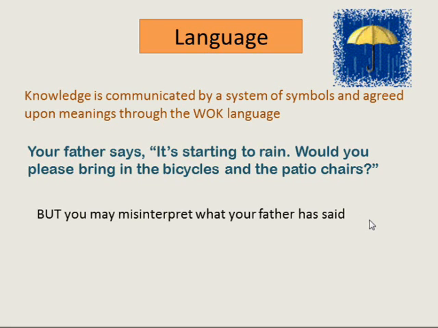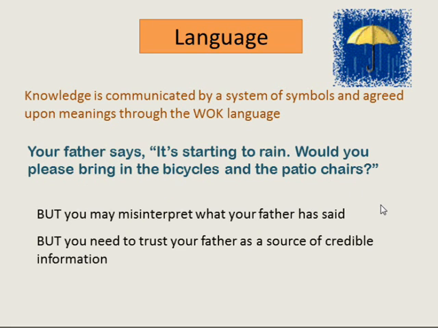He probably doesn't speak a different language to you, but that could be the case. Or you might not get the full sense that it's actually raining from his rather cryptic instructions there. And in order for his language to bring you knowledge, you really need to trust that he's a credible source of information.